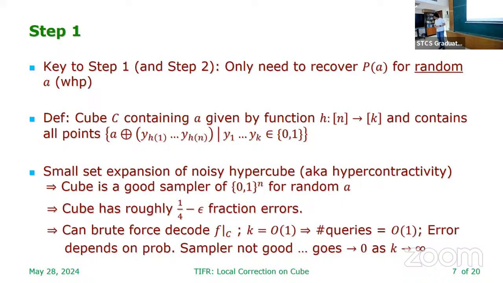But then why can't I take k equal to polynomial? Wait. Okay. The number of queries is 2 to the k. I think the queries and the error are roughly the same at this stage. So it's conceivable, actually, I should check the calculations again.